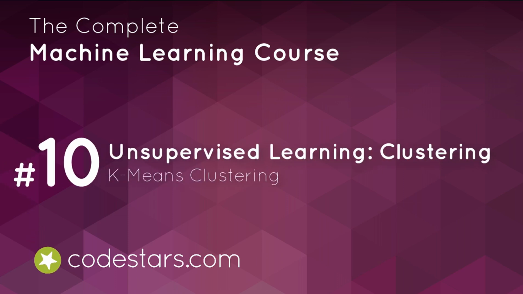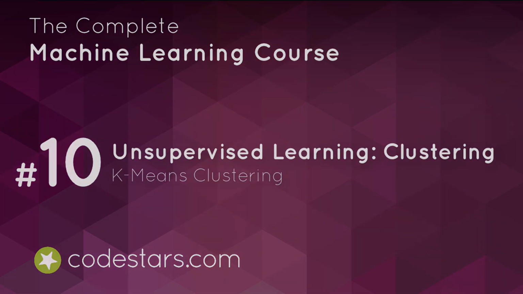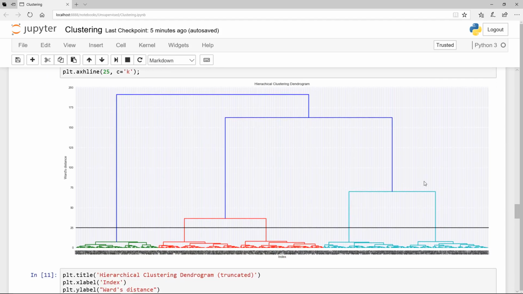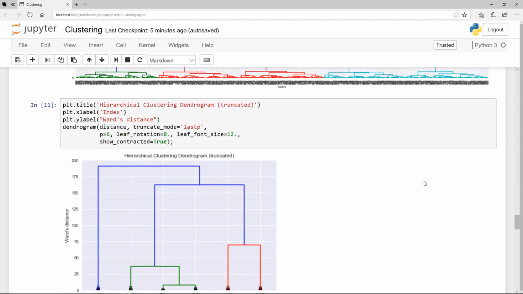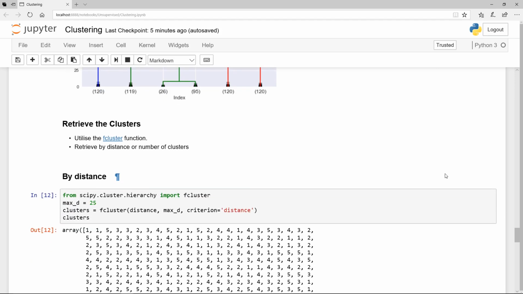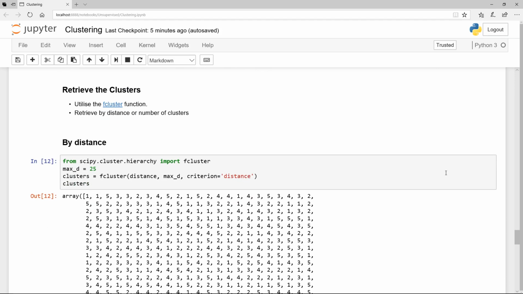Welcome back everyone. In our previous session we discussed the truncation of the dendrogram and we looked at what the Ward's distance was and how to actually truncate the dendrogram itself to figure out how many clusters we should have.